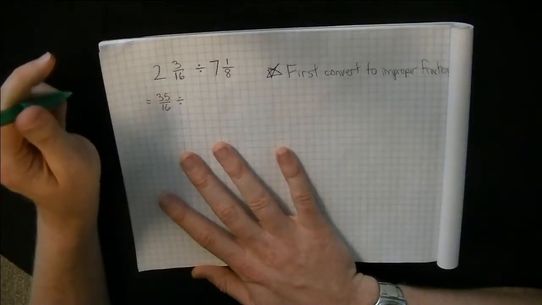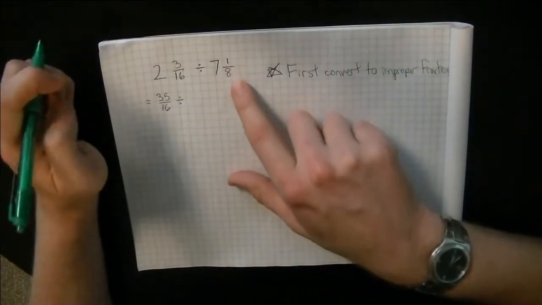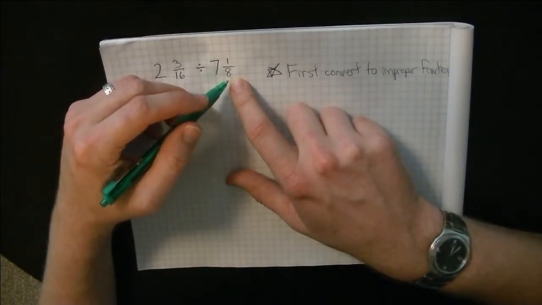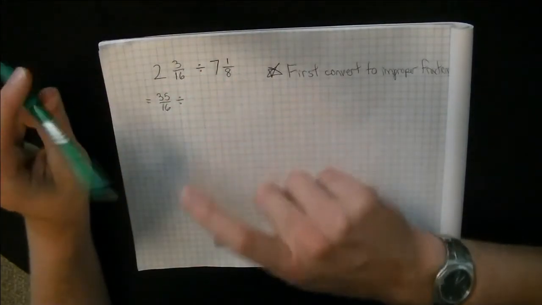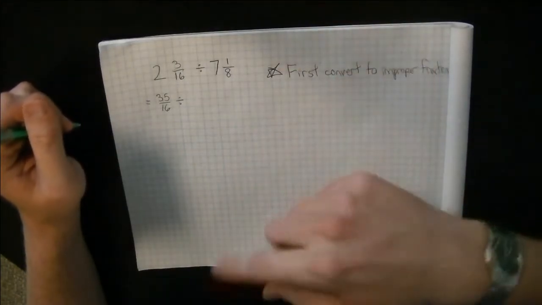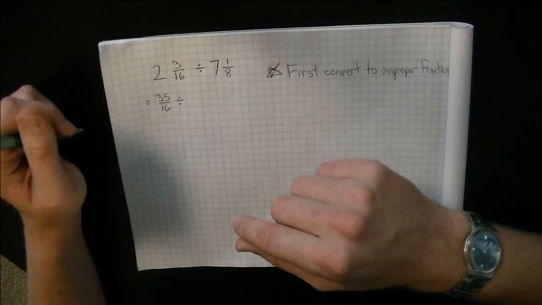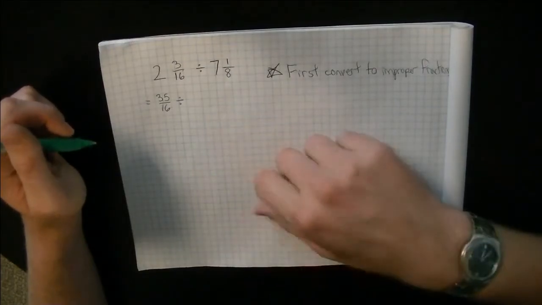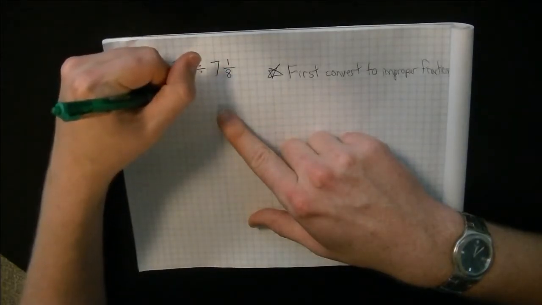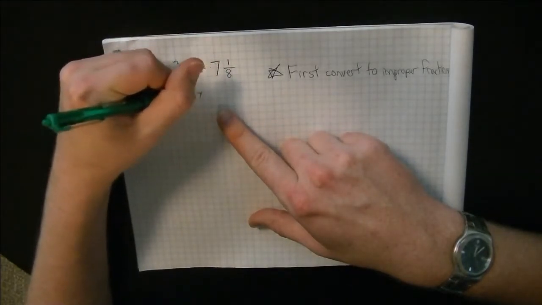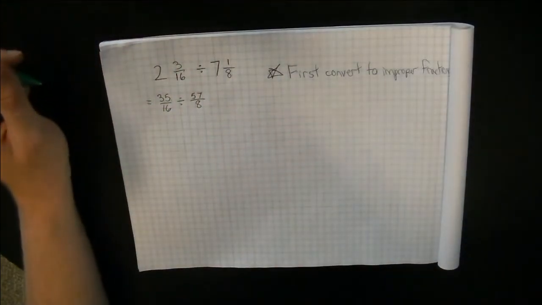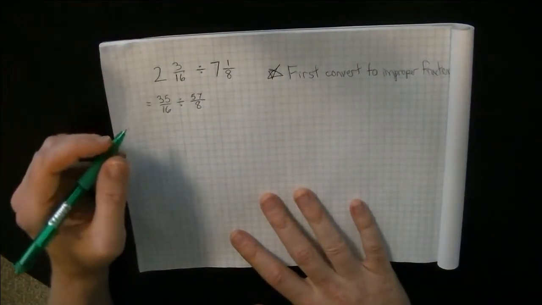Divided by, now over here, I'm going to have 7 times 8, so that is what? Well, 8 times 8 is 64, subtract 8 gets me to 56, plus 1 is 57, divided by 8. Okay, cool.